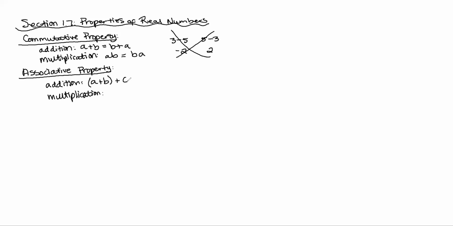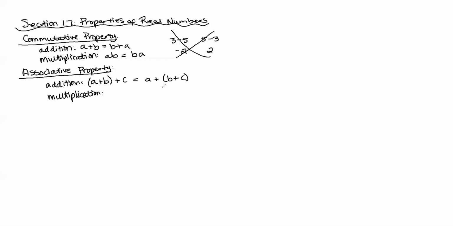Remember that with order of operations, this group is telling us that we have to add a and b first, and then add c to whatever we get from that sum. This is the same thing as if we moved these parentheses around and had a plus parentheses b plus c. So with addition, it doesn't matter which ones you add first. As long as this is all addition, there's no subtraction in there, this is going to hold.